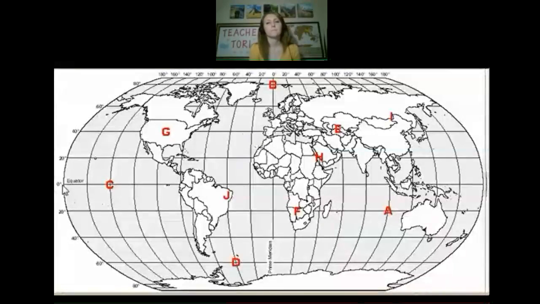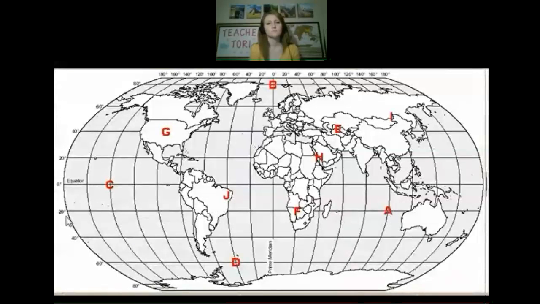So you can see to find what flat line point A is on right here, we go from 0 degrees and we're going to travel 20 degrees south. So that is the line of latitude that point A is on, is 20 degrees south latitude. But we also need to find what its longitude is.